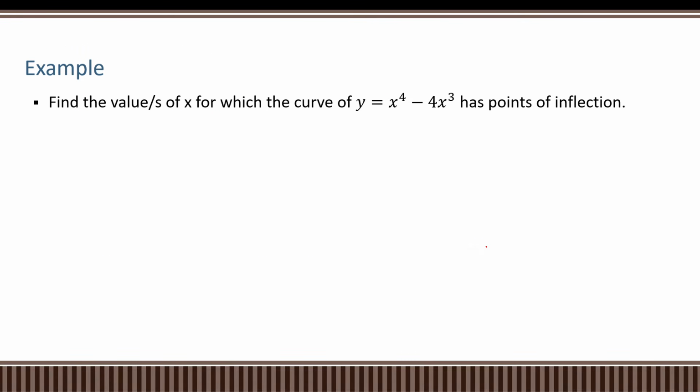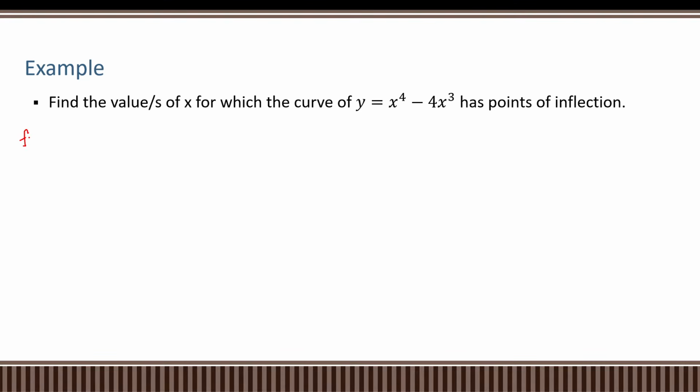Let us have example number 1. Find the values of x for which the curve y is equal to x raised to 4 minus 4x cubed has points of inflection. So the first step that we are going to do is find the first and the second derivative. So this is the first equation.